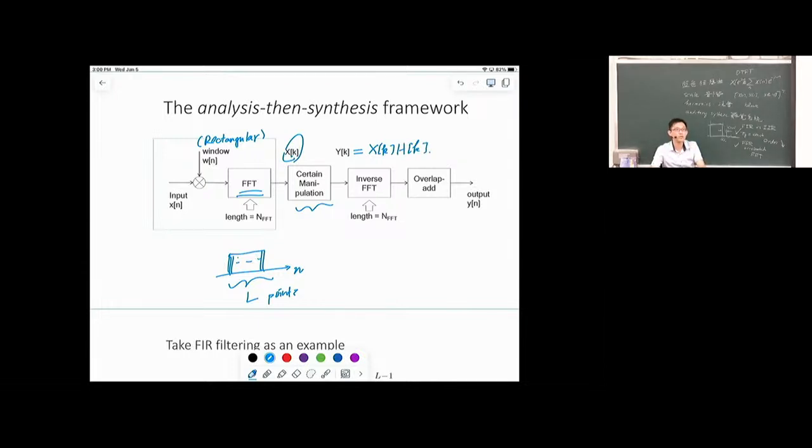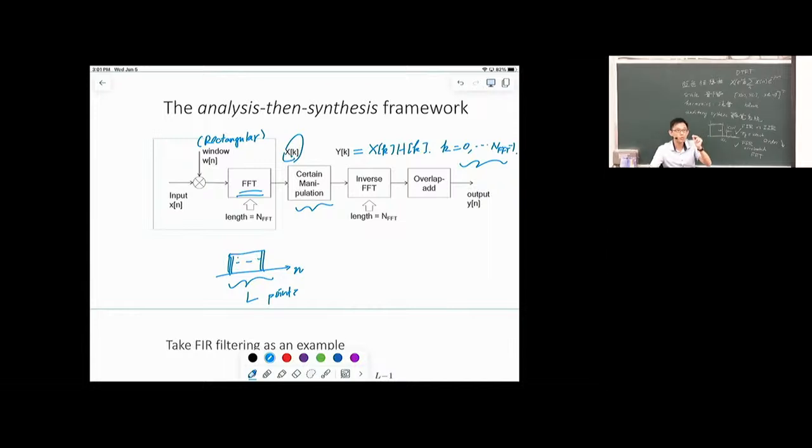Multiplication in the frequency domain can be computed at every spectral line k, where k is from 0 to, let's say, the FFT length minus 1. Perform a length-N multiplication in the frequency domain.